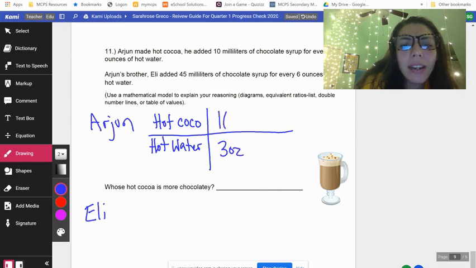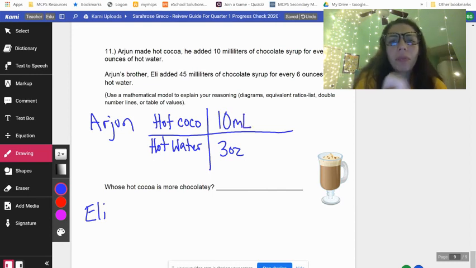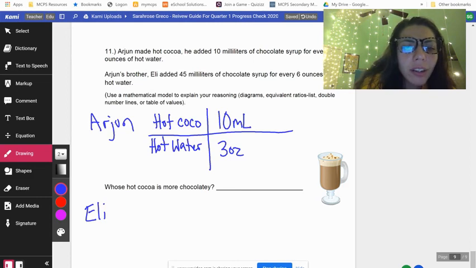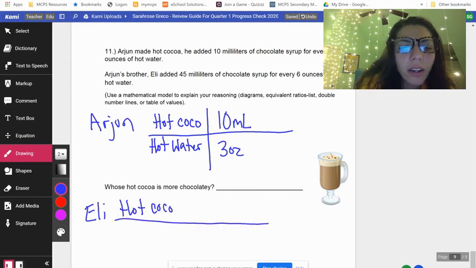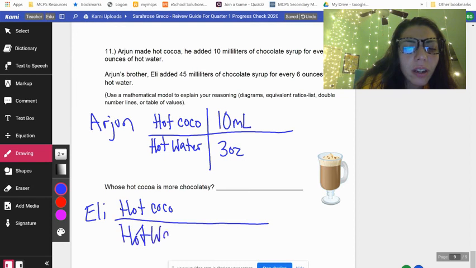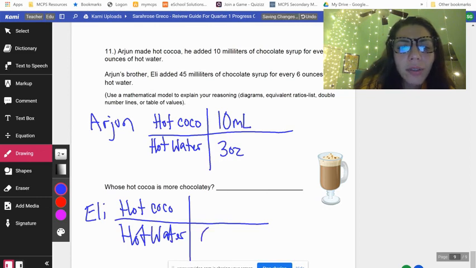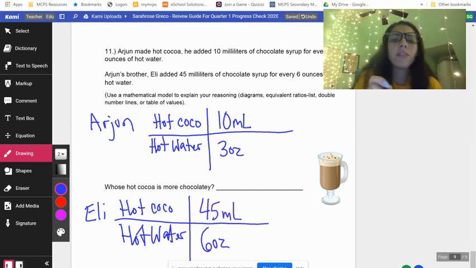He's going to add 10 milliliters. His brother, same thing, hot cocoa and hot water. For him, he uses 6 ounces of hot water and 45 milliliters of hot cocoa, or the cocoa syrup.